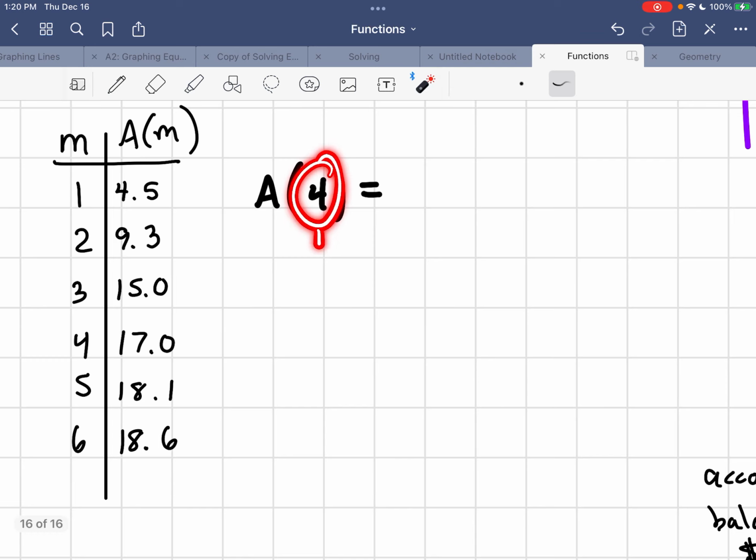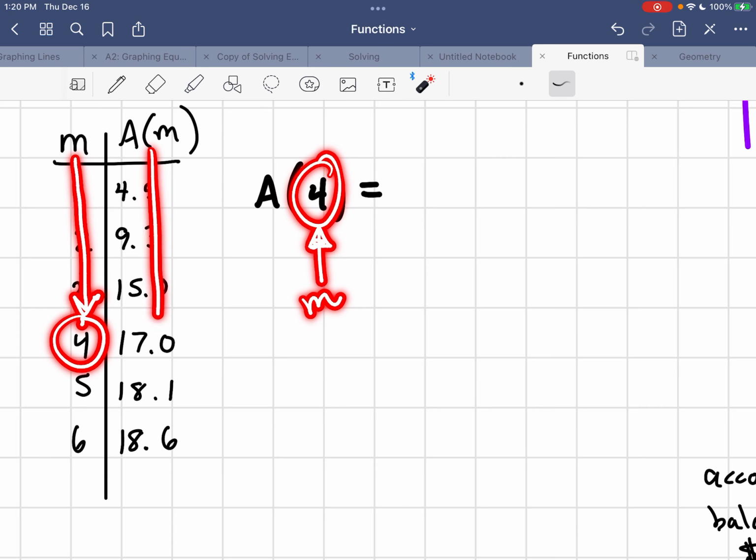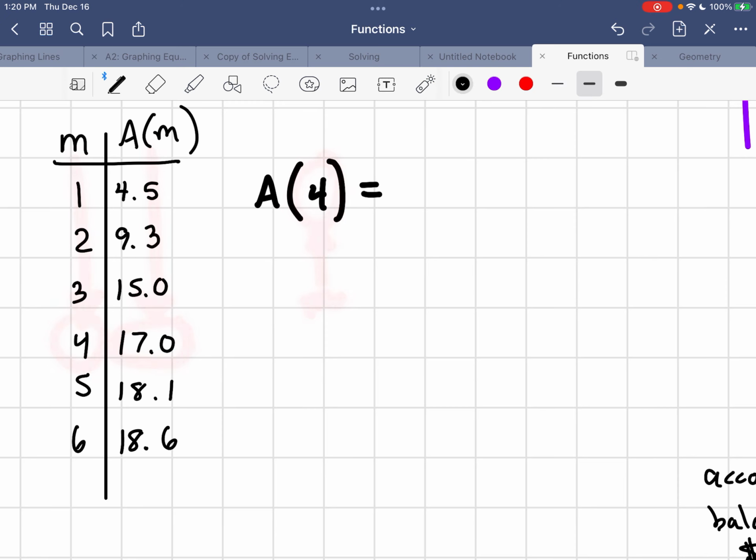So this represents the input, which is the m. I go down to 4. What is the value of that function at 4?